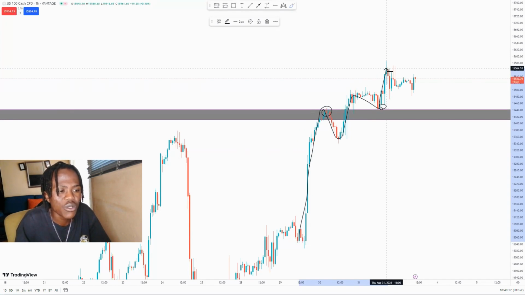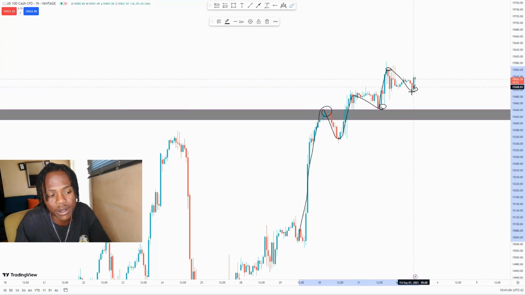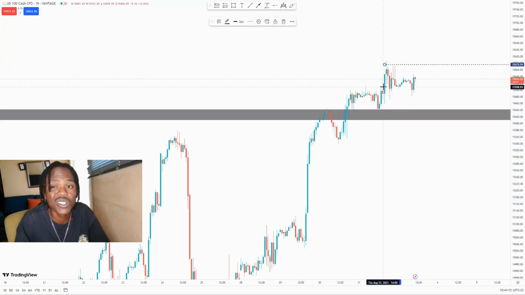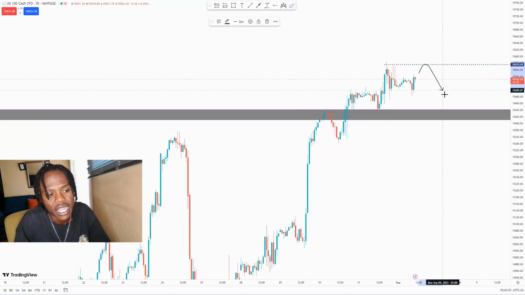So now, when you see that price has been creating higher highs and higher lows, and we currently are creating some type of higher high, some type of higher low, you guys need to wait for two things. One, is price going to break above this rejection? Is price going to trade above that higher high, right? Or is price going to fail breaking above this higher high and move to the downside, right?